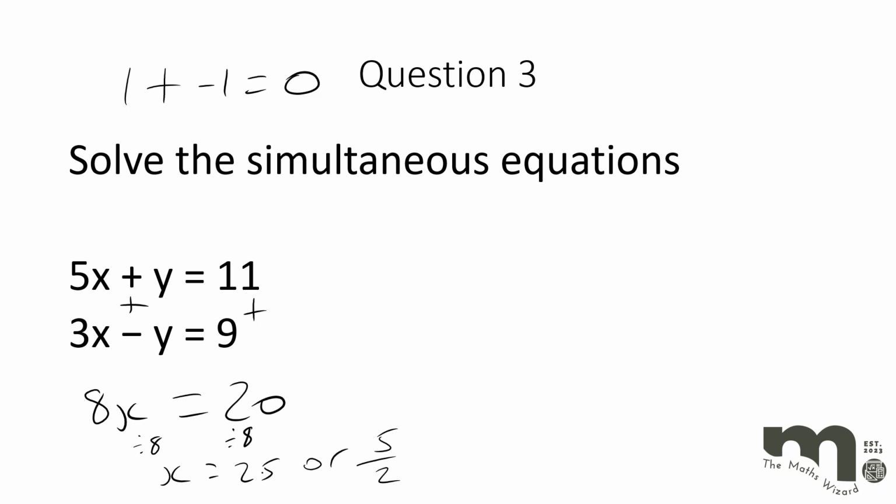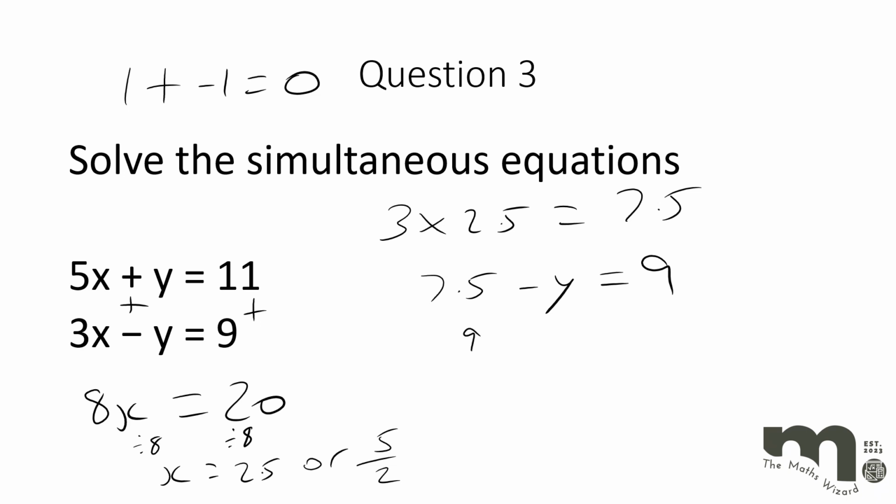Okay, so then we've got 3 times 2.5. So that's 7.5. So we've got 7.5 minus y, which will give us 9. So now what we need to do is work out what the difference is between 7.5 and 9.